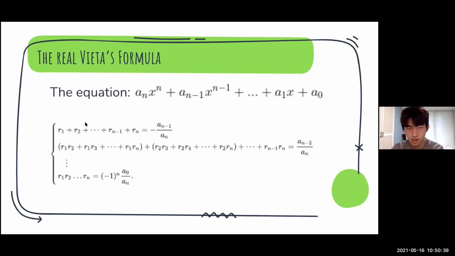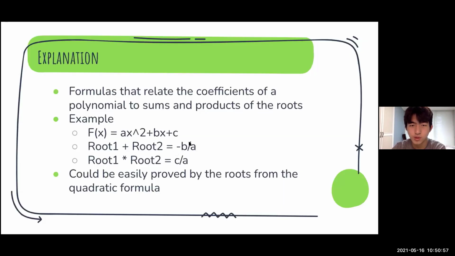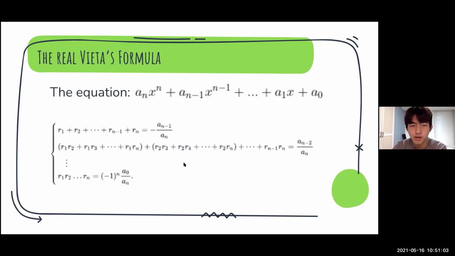The sum of the n roots will equal minus a(n minus 1) over a n, and if we multiply all the roots, it will equal a0 over an. This is very similar to minus b over a and c over a here. For the rest, you have to multiply by certain amounts for this to equal this part right over here.